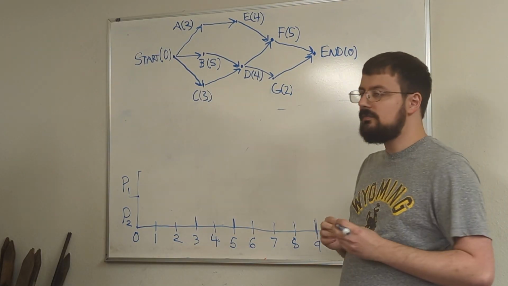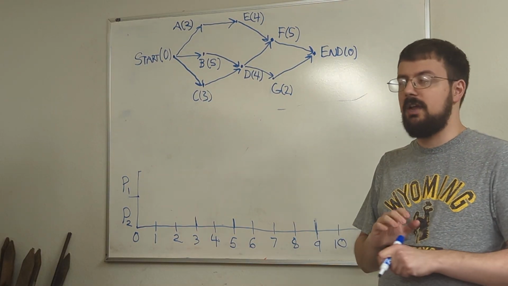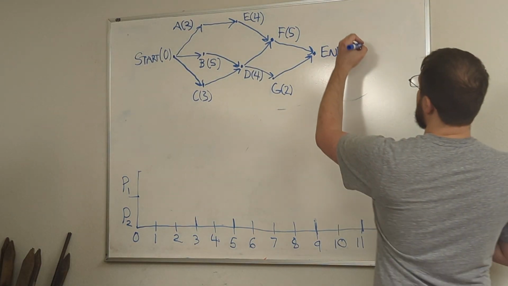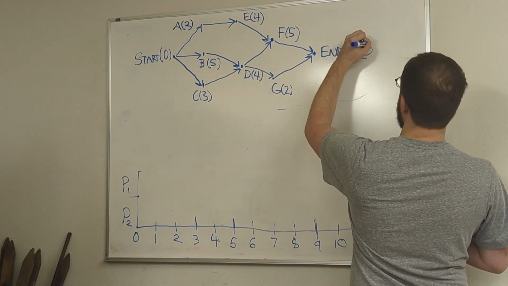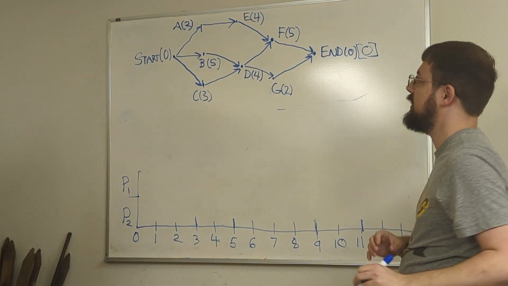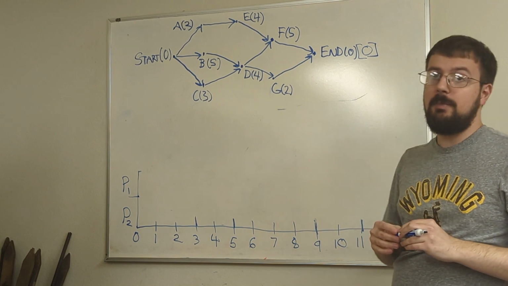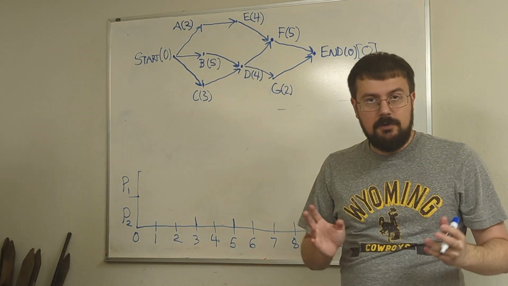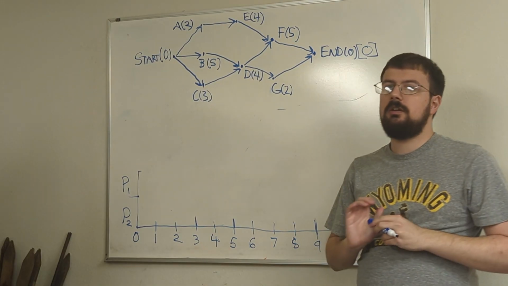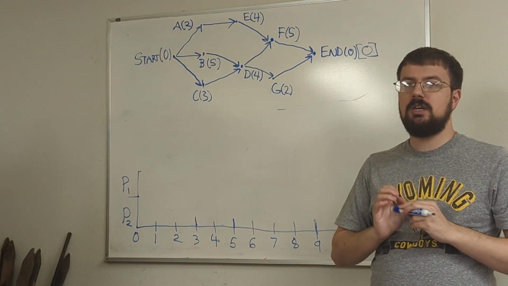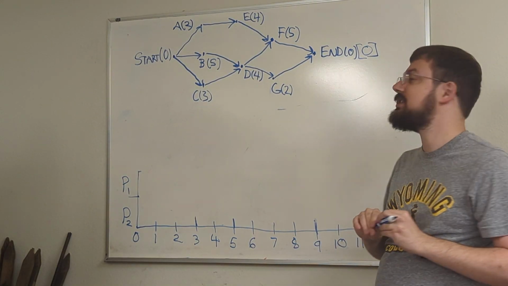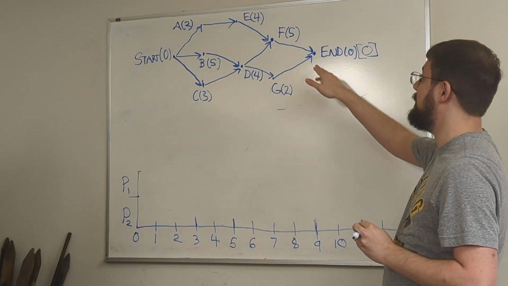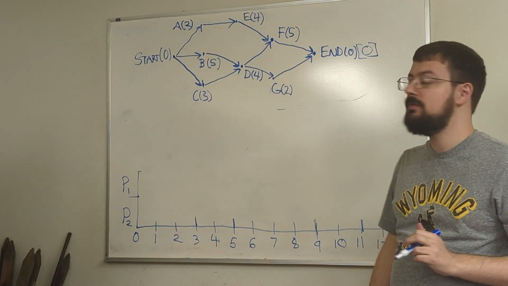So we're going to use square brackets to indicate critical times. The end is going to have a critical time of 0, and then we're going to work backwards from there. So for any given vertex, the critical time is the processing time for that vertex plus the highest critical time of anything that that vertex points to.